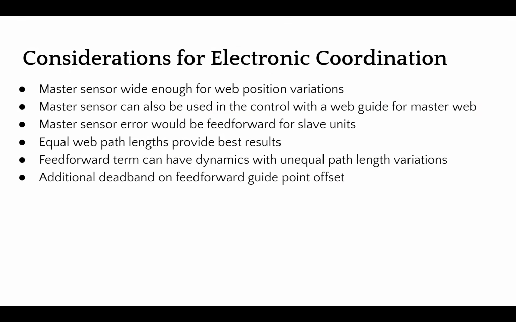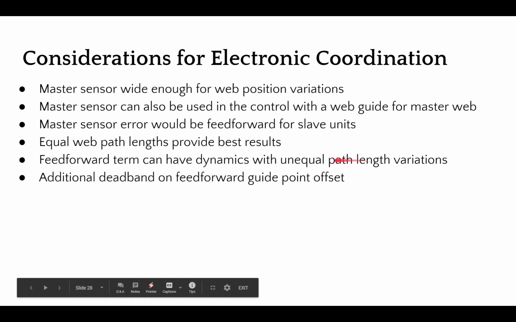And if you can't do that, and your application is pretty complicated where you might have sinusoidal variations that you need to match, then what you could do is use dynamics in the feed forward term, basically compensating for the path length variations.